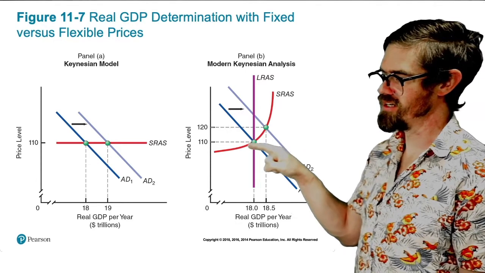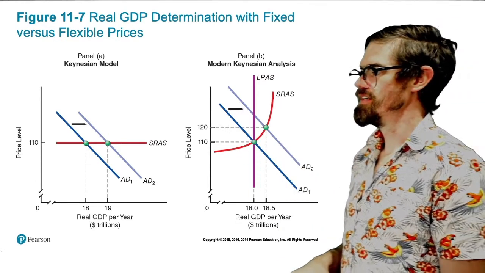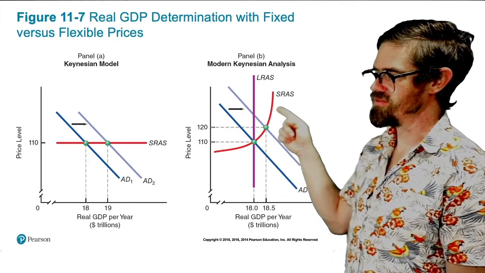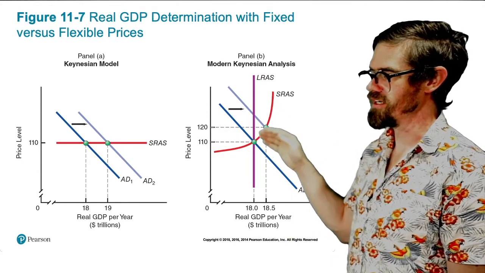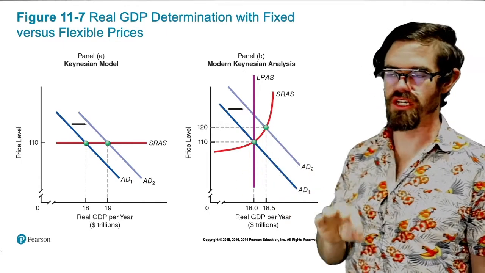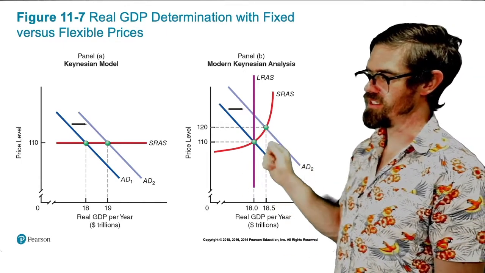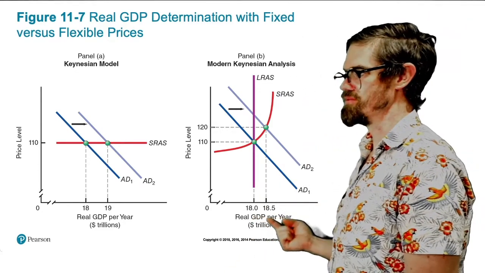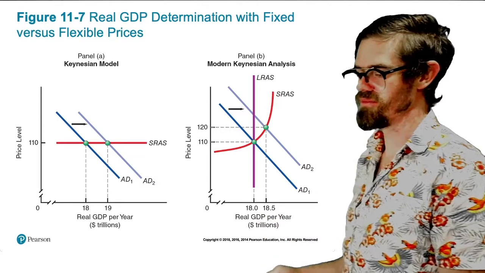Okay, so we get this upward sloping curve. So when we have this positively sloped short-run aggregate supply curve, demand will now lead to some change in price level, even in the short run. It also still drives GDP to some degree.